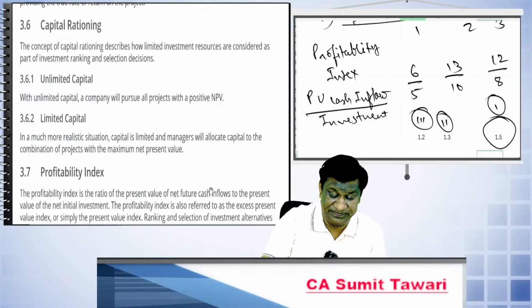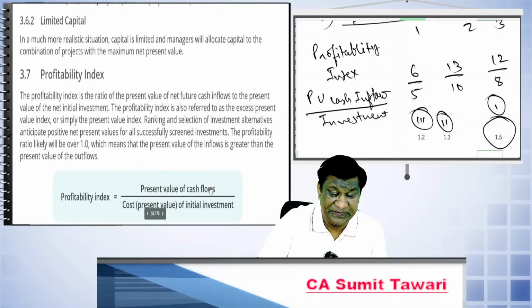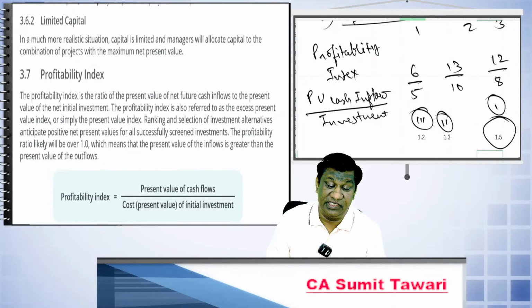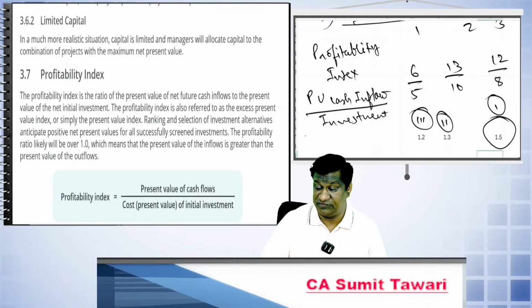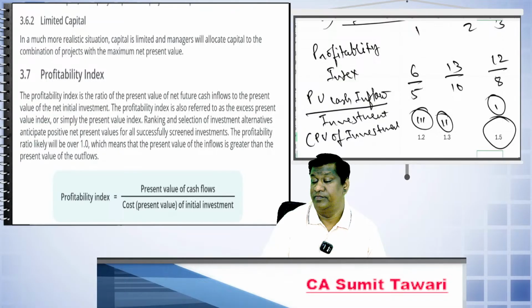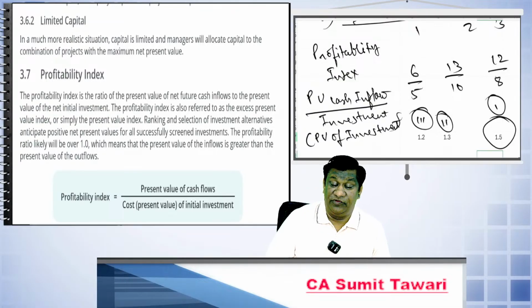Now you can see, the profitability index is the ratio of the present value of the net future cash flow to the present value of the net initial investment. Because this is only a first year investment, I just write the investment; otherwise, this is also the present value of investment. The profitability index is also referred to as the excess present value index or simply the present value index.